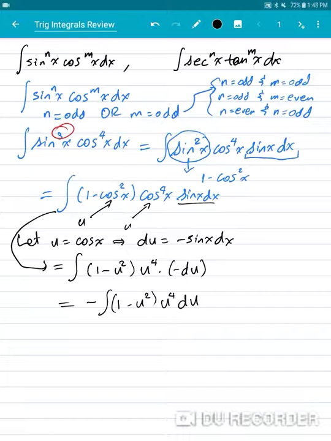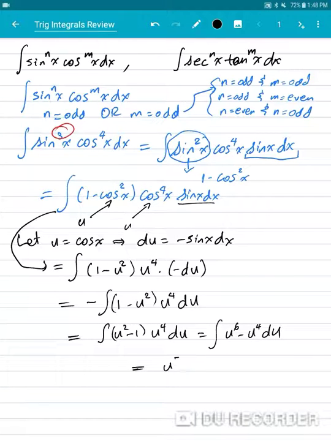Now this is a polynomial in u, and I can integrate it very easily. Once I integrate, I will put cosine x back in for u. So this is actually u squared minus 1 times u to the power of 4, just simple algebra, which is u to the power of 6 minus u to the power of 4 du.